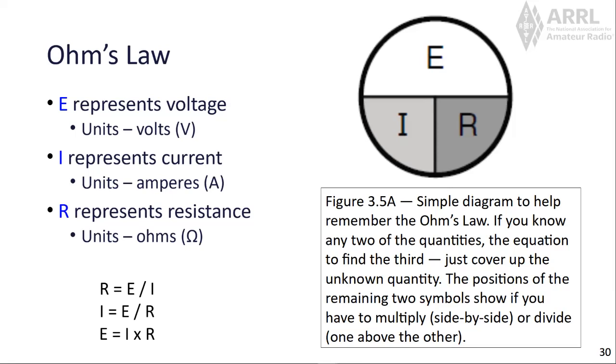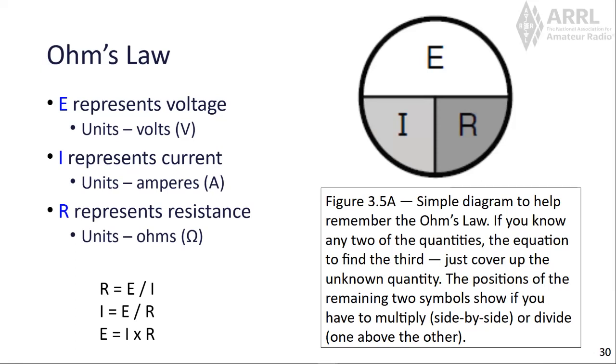R equals E divided by I, I is equal to E divided by R, and E is equal to I times R. On the top right, we have a circle that has those three letters. If you wish to find one of those items, cover it up, and the formula is presented by the remaining letters.